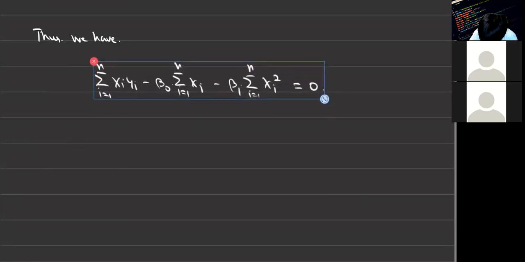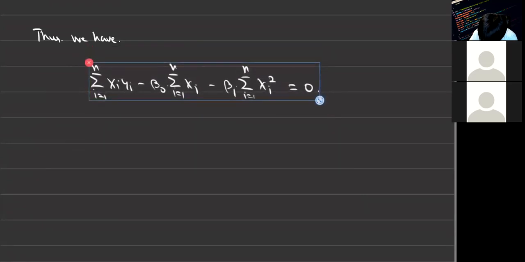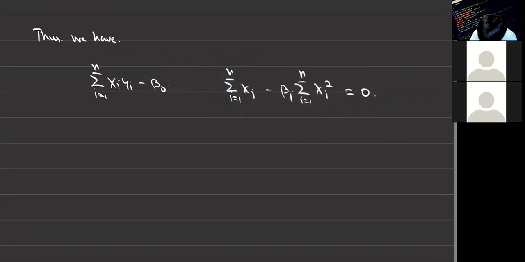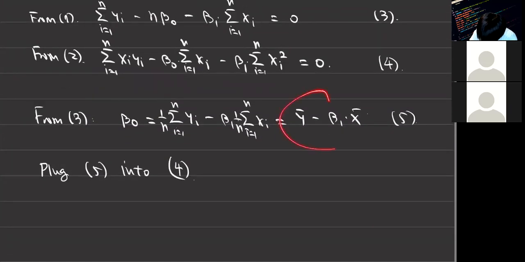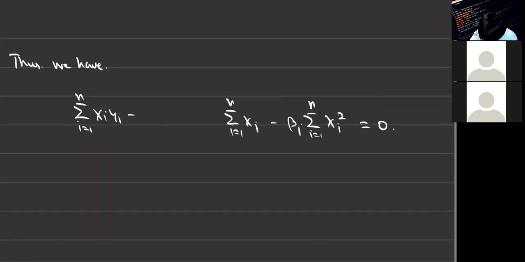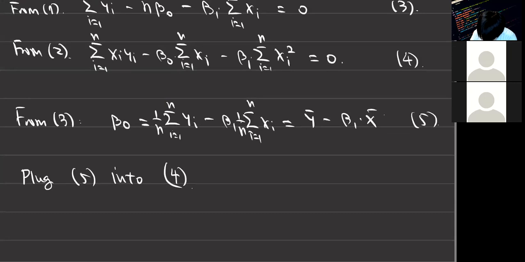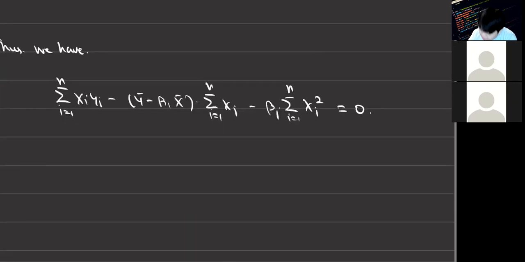I'll paste it here, and I am going to essentially move this to the right, give myself some space, and then inside this beta 0, I'm going to erase that and replace it with basically this thing, right? So let's write that out. This is going to be y bar minus beta 1 x bar, right? So we just did exactly that, plug 5 into 4. Okay, so now we have one equation, one unknown, right?